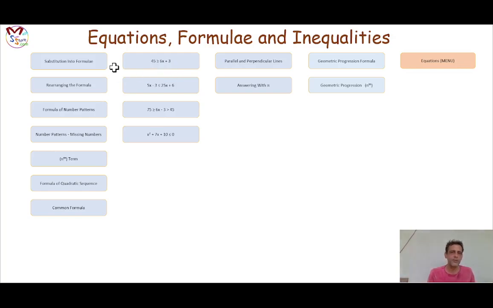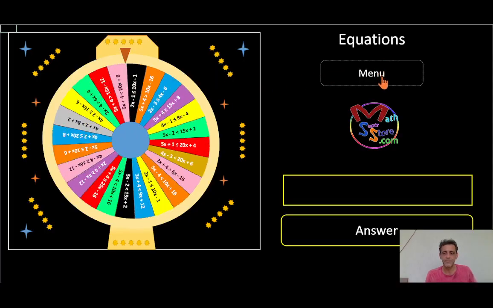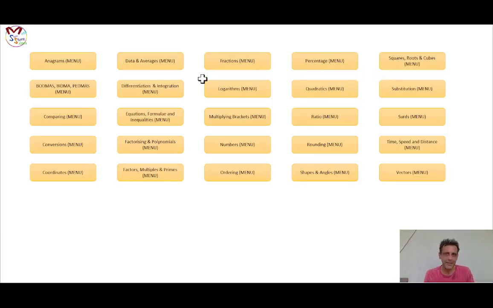Then we've got a list of inequalities, parallel and perpendicular lines, and answers with pi, so it's leaving the answer with pi and not calculating out the full numerical value, geometric progression formula, and geometric progression nth term. We'll go back quickly to the menu, just to quickly go through these menus.